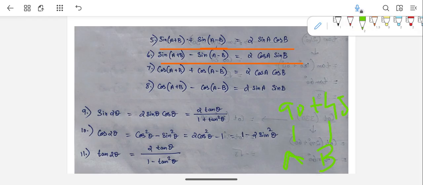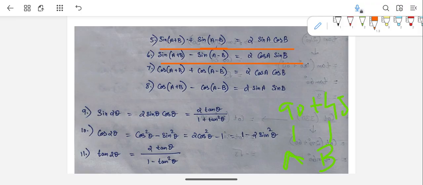For the fifth one it will be 2 sin 90 cos 45, because a is 90, b is 45. But for the sixth one it will be 2 cos 90 sin 45. So both are different, right? So don't get confused in those places. And similarly, 7 and 8 also, on seeing itself you can understand, guys.